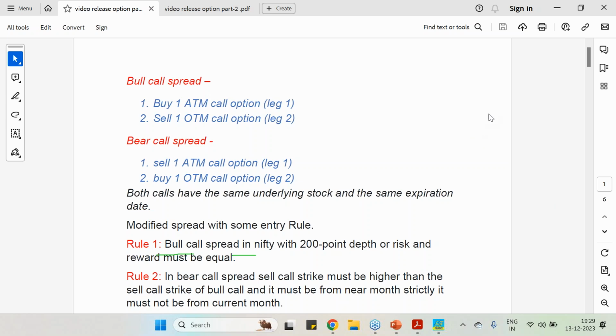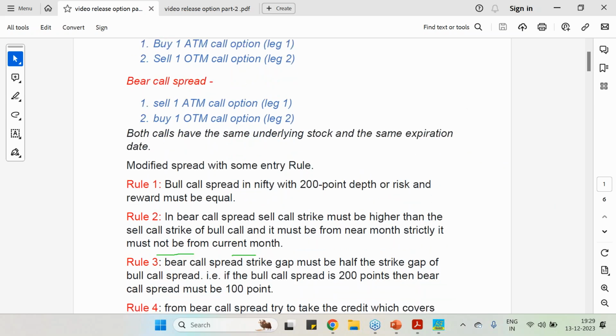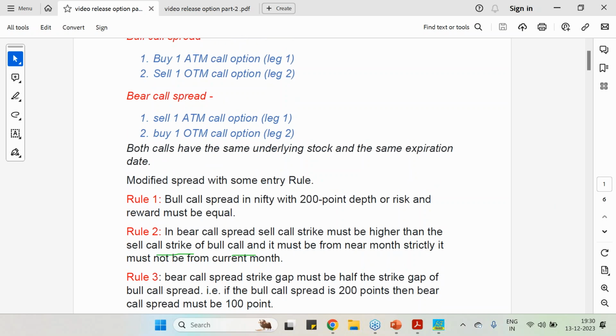What is the rule? This document is also given in our Telegram group. You can download it from the Telegram group also. So here, what happens? Bull call spread, bear put spread combination you have to form, but not by closing your eyes.